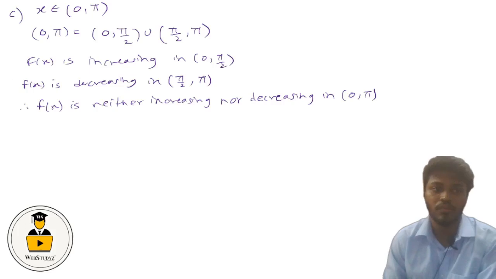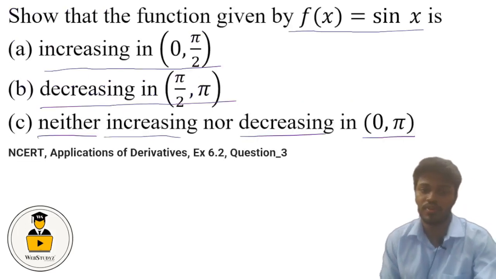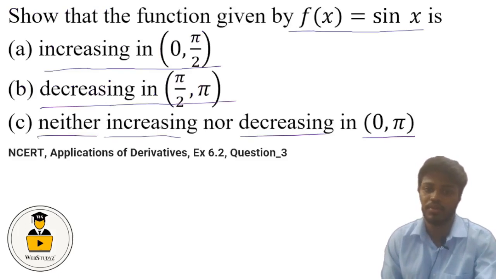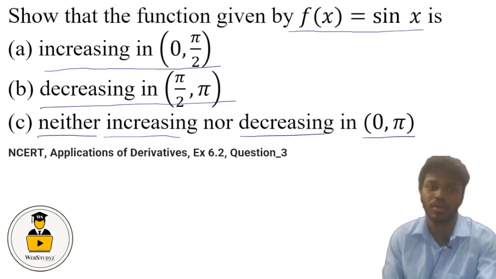So we have proved that the function f of x is increasing in the 0 to pi by 2 range, decreasing in the pi by 2 to pi range, and neither increasing nor decreasing in the 0 to pi range. So I hope you have understood it well, and thank you.